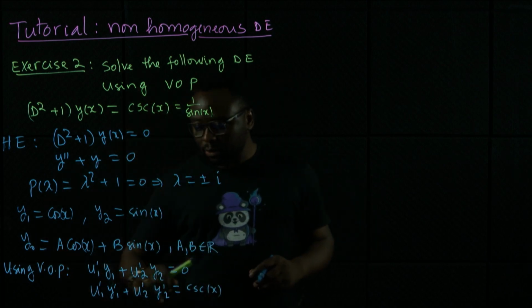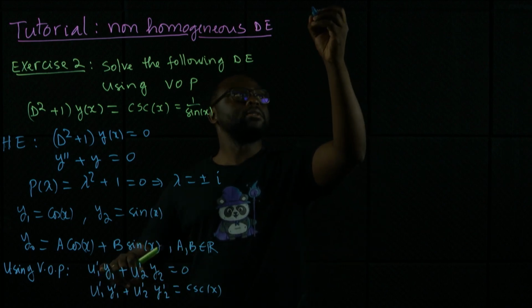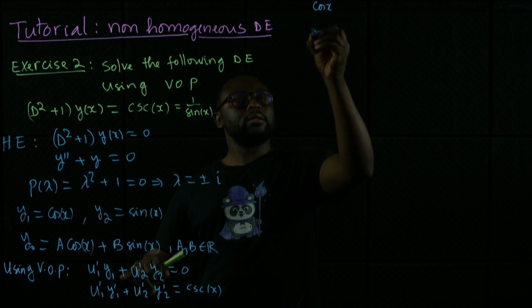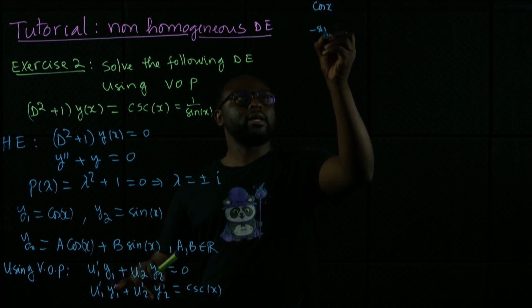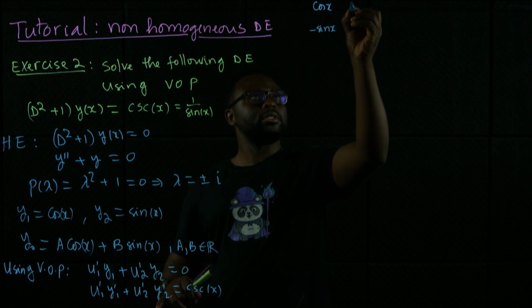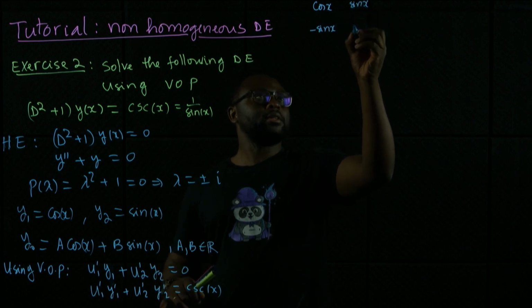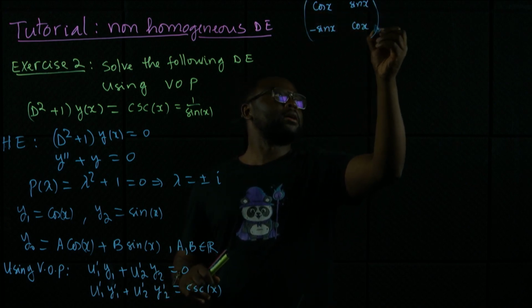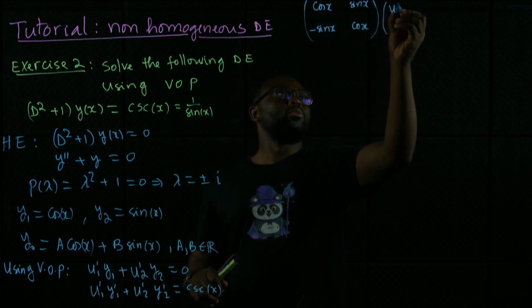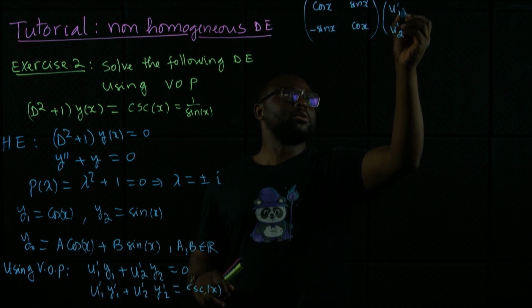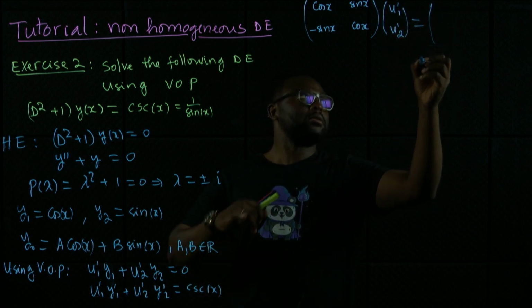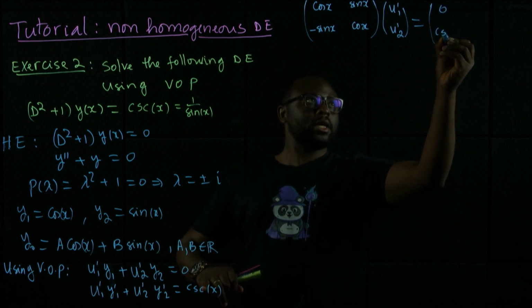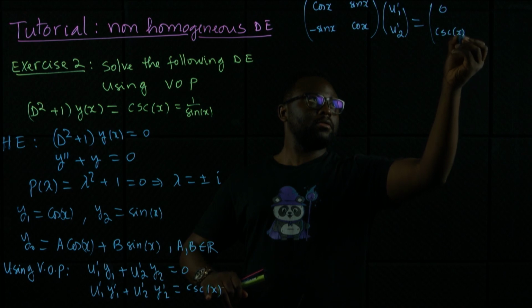If you want to write this as a matrix, the first row is cos x and sin x, and the second row is the derivative of cos x, which is minus sin x, and the derivative of sin x, which is cos x. All these multiply the vector u1' and u2', and this is equal to 0 and cosec of x.